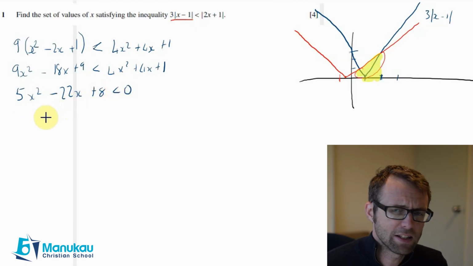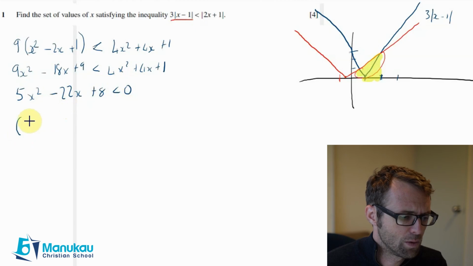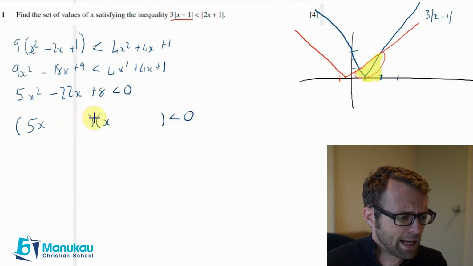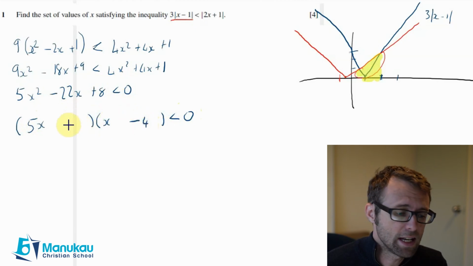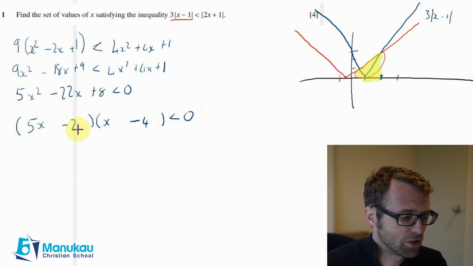So now let's factorize this. I'm going to have a 5x in the first bracket, obviously an x in the next bracket, and minus 4 here, that gives us our 20, and then minus 2 here. So we've got x equals 4 or 2/5.